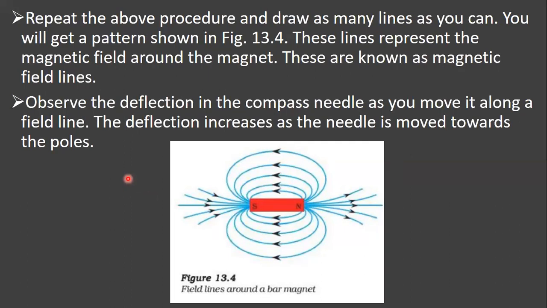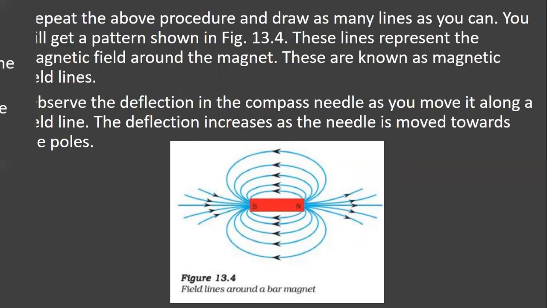See, children, you observe the deflection in the compass needle as you move it along the field lines. The deflection will be increased as the needle is moved towards the poles.